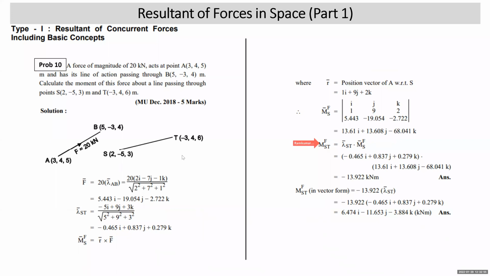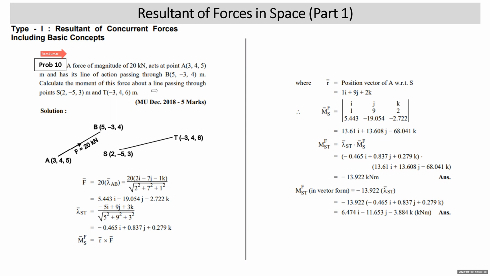Now we will understand another type of problem that remains: how to find the moment of a force about an axis, or about a line. Let's see the sum. A force of magnitude 20 kilonewton acts at a point A having coordinates 3, 4, 5 meter and has its line of action passing through point B. That means 2 points on the line of action of the force are given, and the magnitude of the force is also given.